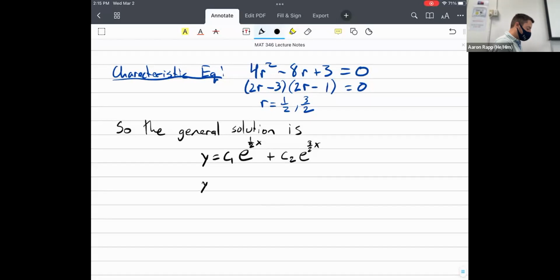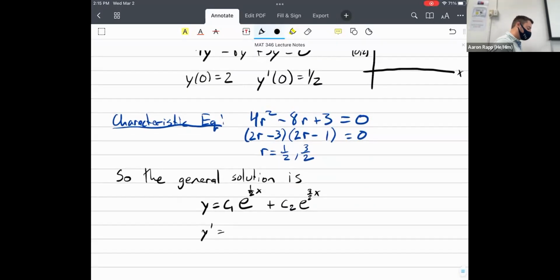Well, since one of those initial conditions involves a derivative of the solution, I should probably just go ahead and calculate it and then plug in 0 for my x's and set it up so that the original function is equal to 2 and the derivative is equal to 1/2, and then solve for C1, C2.